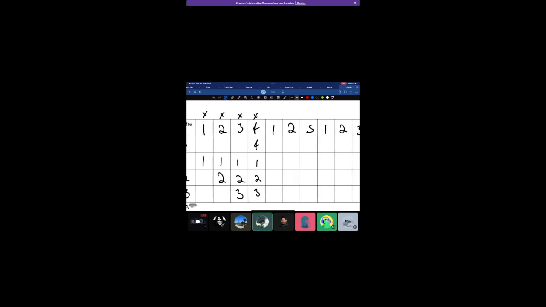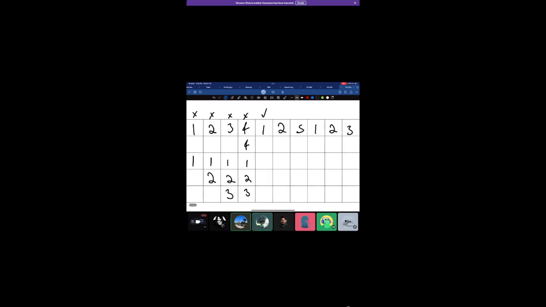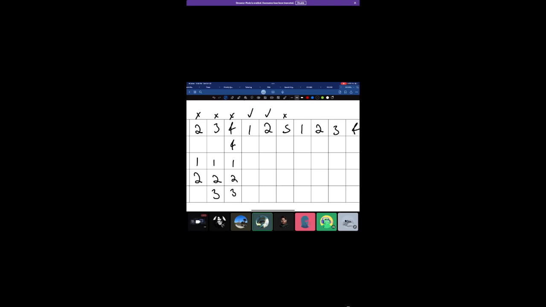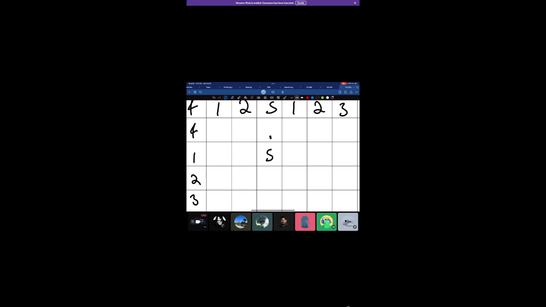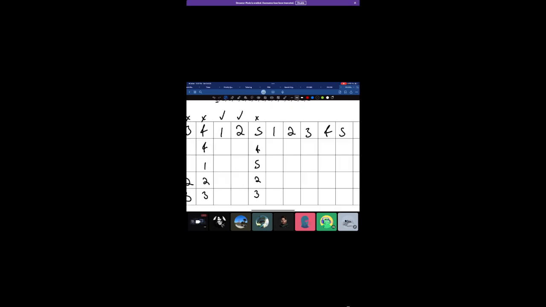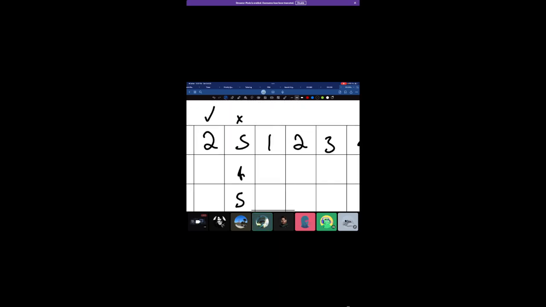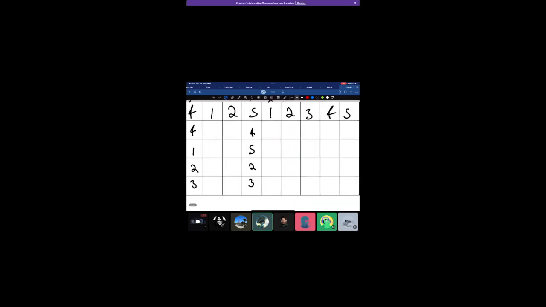Then 1 is a hit. So we don't have to rewrite anything. 2 is a hit. But 5 is a miss. Because 5 mod 4 is 1. And 1 does not contain 5, it contains 1. So we're going to replace 1 with 5. 4, 2, 3. And then on the next point, we see we also get a miss because 1 mod 4 is 1, and index 1 does not contain 1.